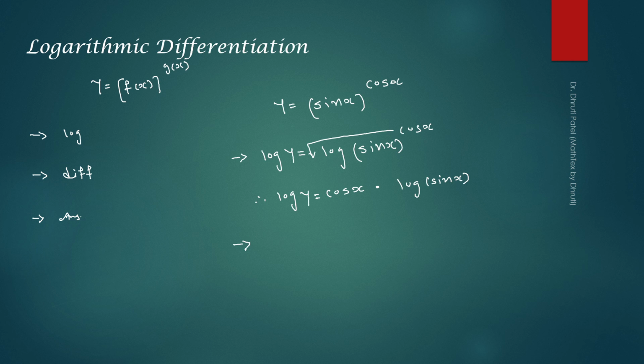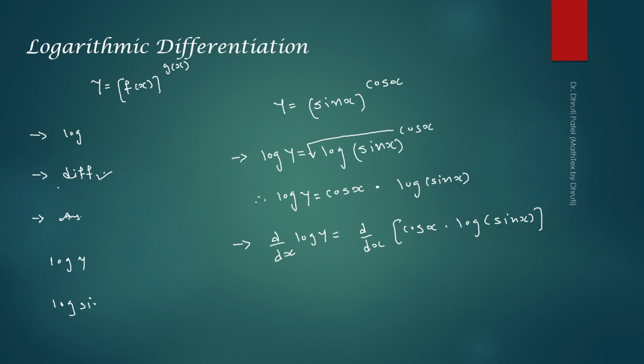Now in step 2, I will apply differentiation on both the sides. Therefore, d by dx of log y is equal to d by dx of cos x into log sin x. So there are two composite functions, log y and log sin x.